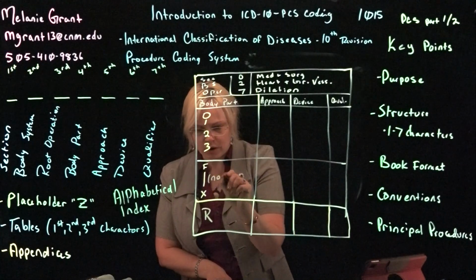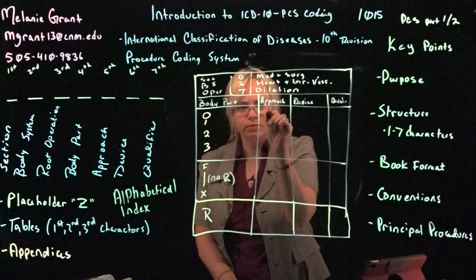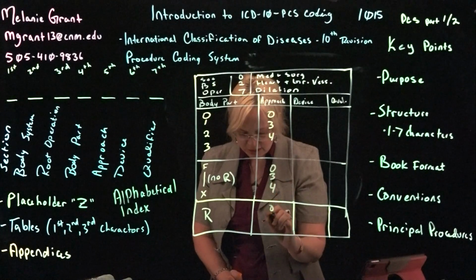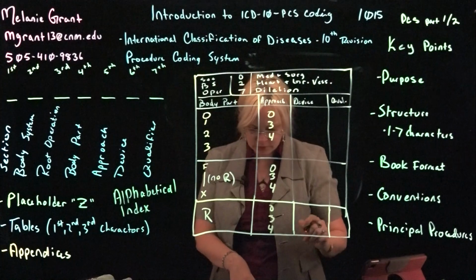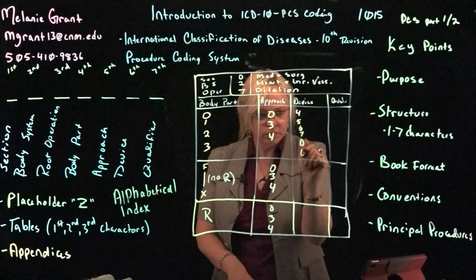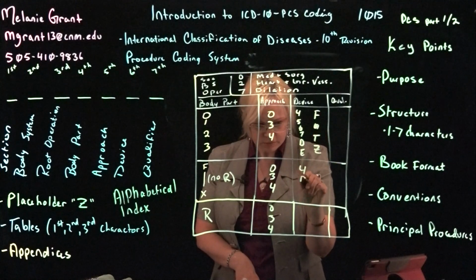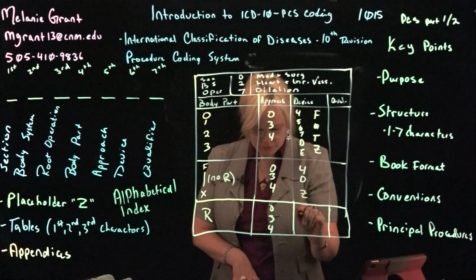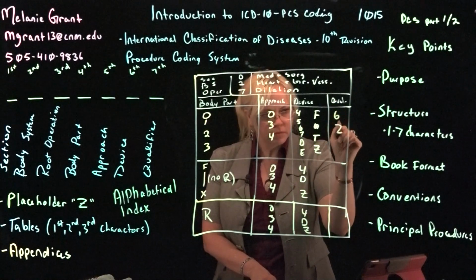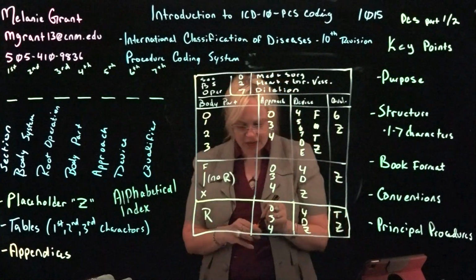So no R. So if I'm looking at this and I'm saying I want to find the information for my procedure and I'm not finding it, I need to make sure I'm reading everything that's available under this table header. All right, so that's kind of how it's broken down here.